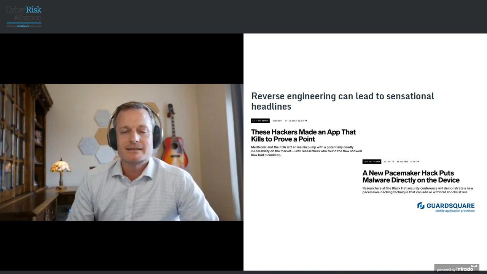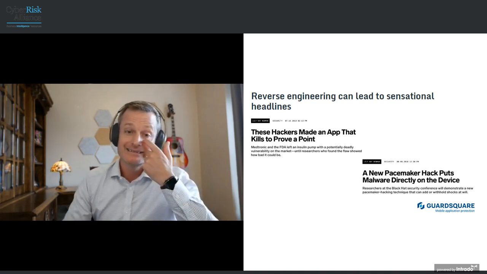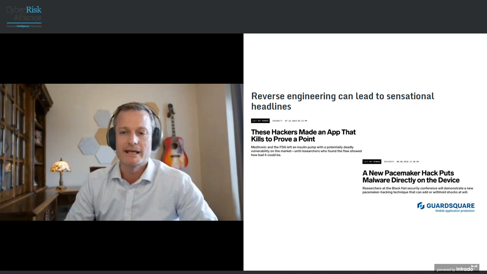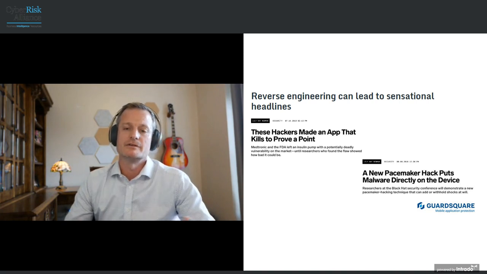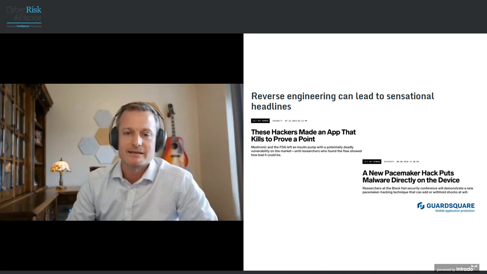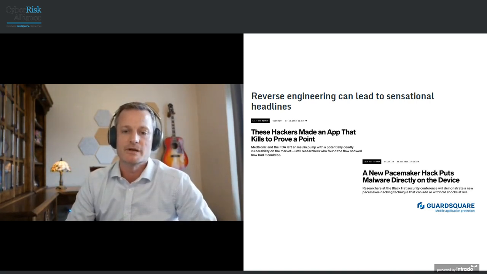But once it gets into a headline in the media, it doesn't really matter anymore, because the brand impact and the brand damage related to that can outweigh the actual value and exploitability of the vulnerability.